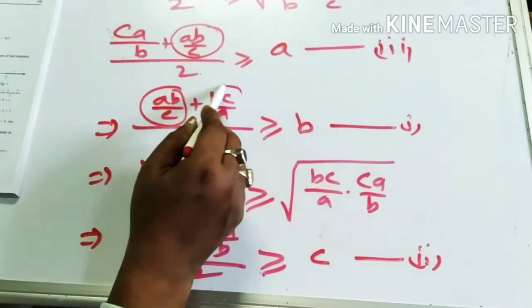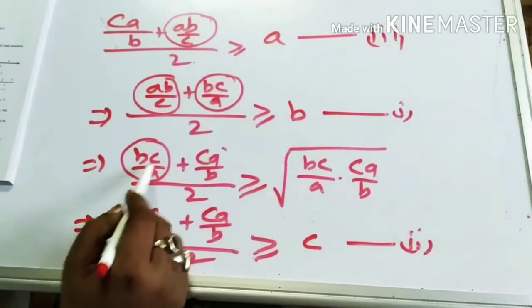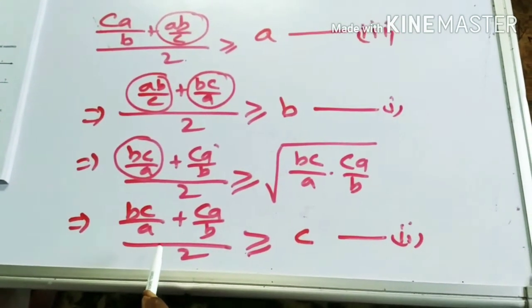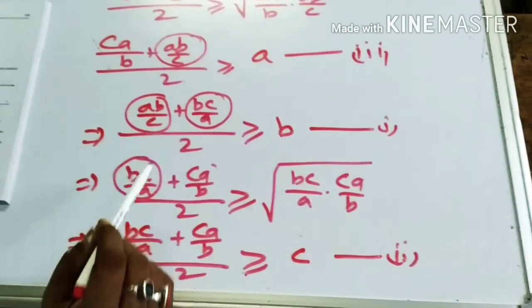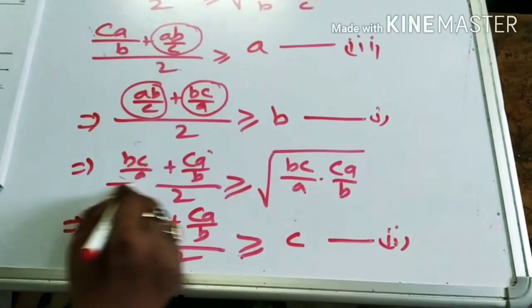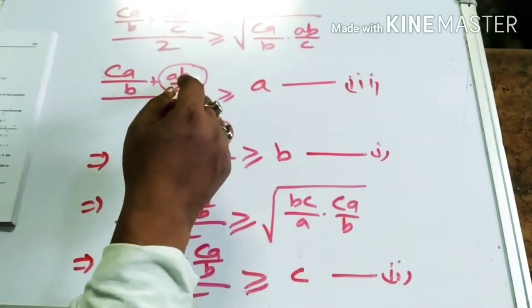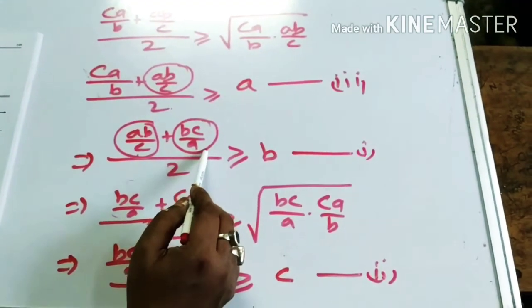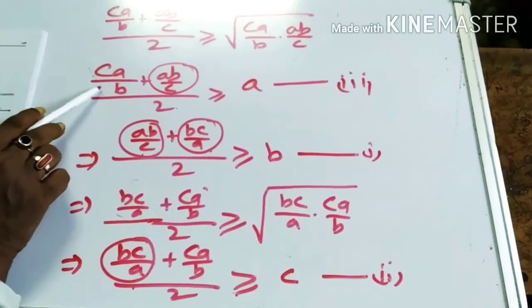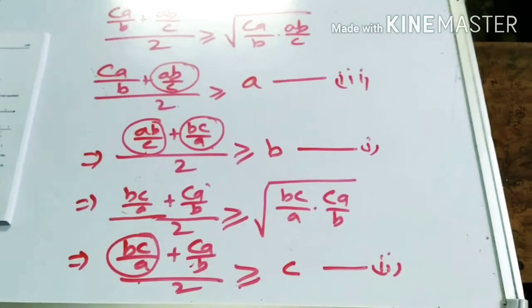Similarly, you see this and this are the same, 2BC/A, and your last is this and this, 2CA/B.